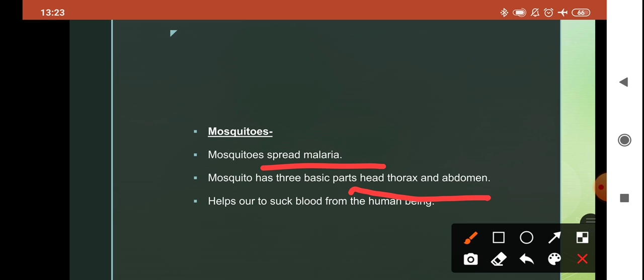Head, thorax, and abdomen. The head consists of eyes, then it is having antenna to sense, and then mouth parts, which is called the palpus, and a long sucking tube. Now what is the purpose of this? It helps it to suck blood from the human being.